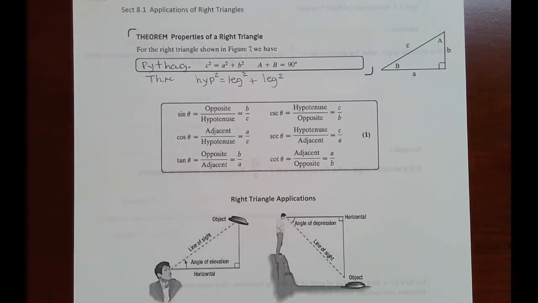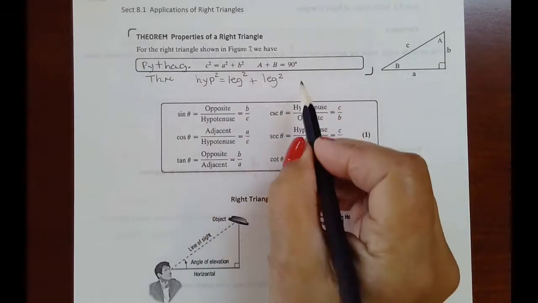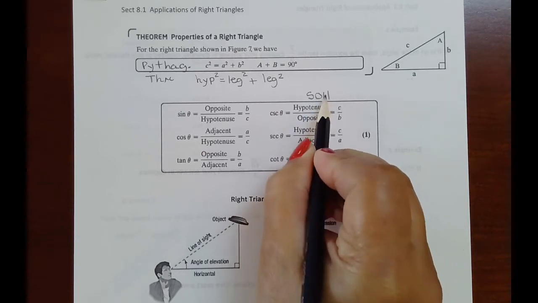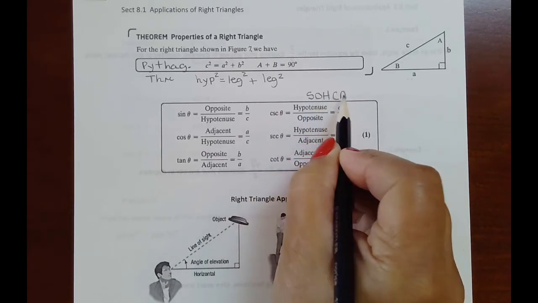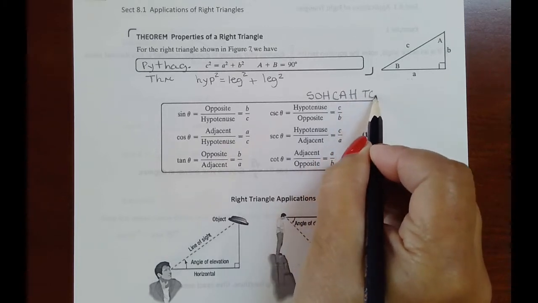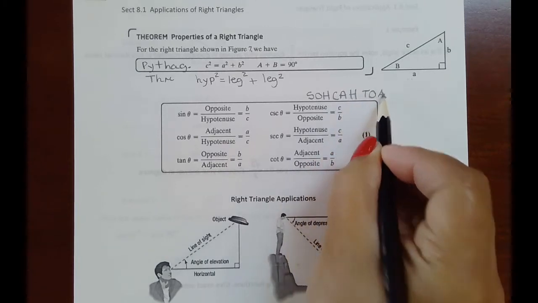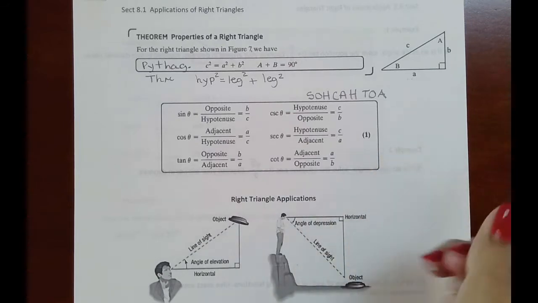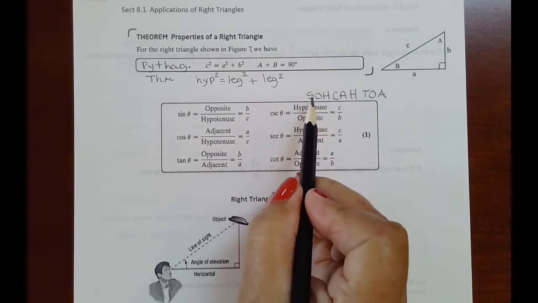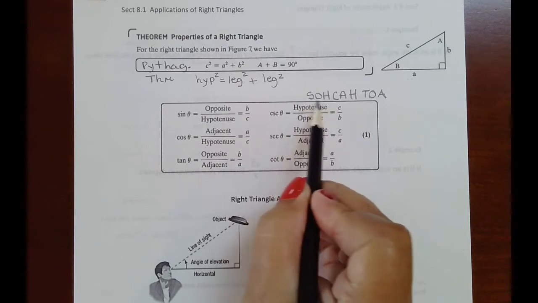There is a way to abbreviate all 6 of these formulas, and that is SOHCAHTOA. It's just a way to remember all 6 formulas. Every 3 letters stands for one of these formulas. And actually, you're just going to be using the first 3 letters.